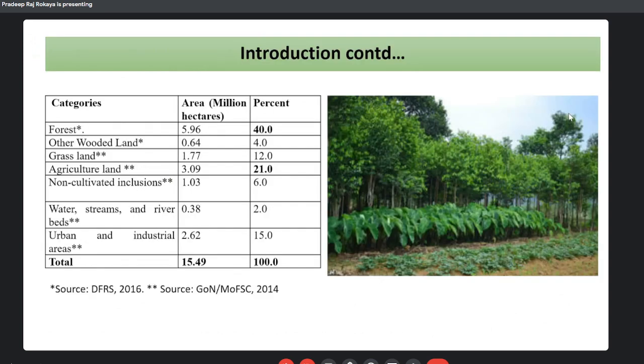And this is the general picture of forests and agriculture in Nepal.